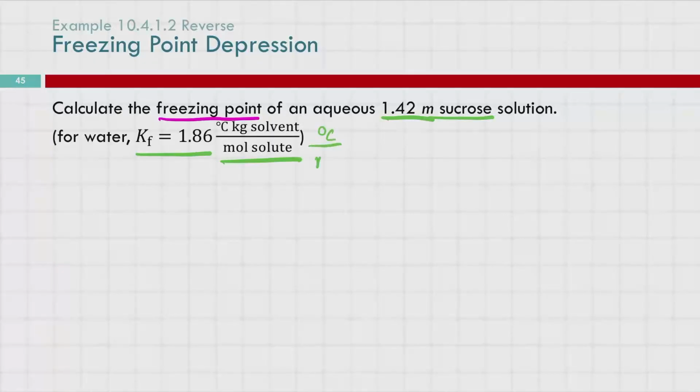It's just degrees Celsius per molal, because mole solute over kilogram solvent is molality, so it's just the molality flipped. So it looks like more of a mess than it is. So delta TF equals lowercase m times Kf. We have Kf. We've got lowercase m. Plug it in.